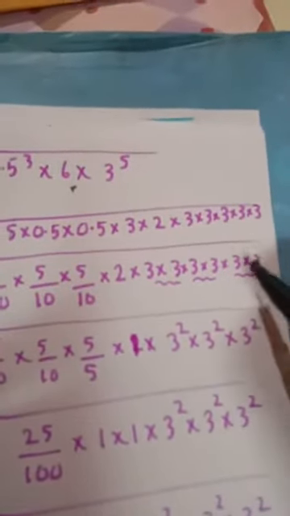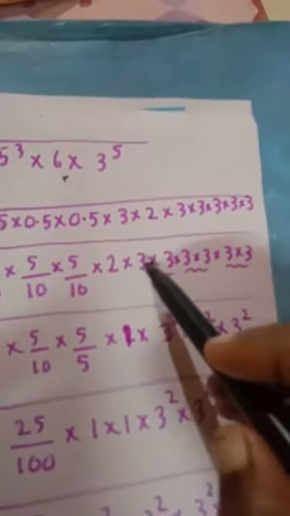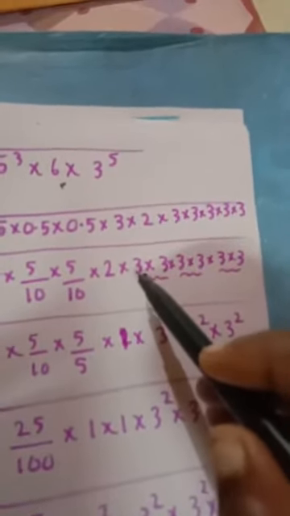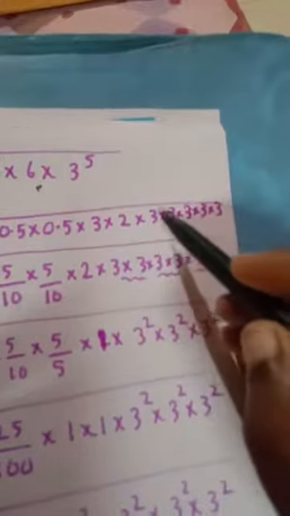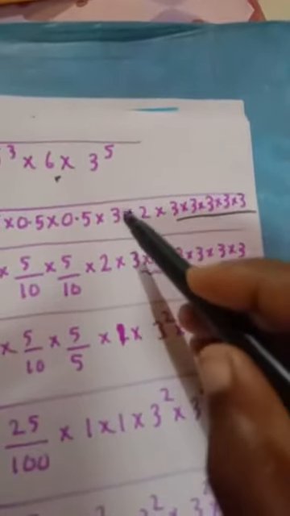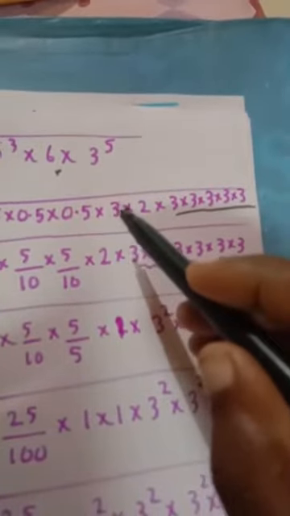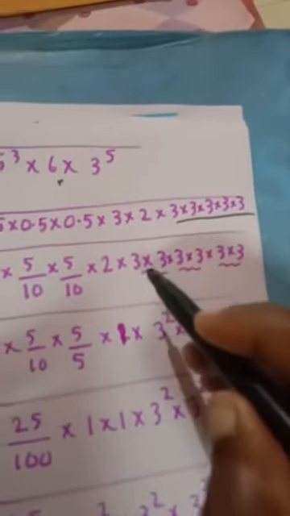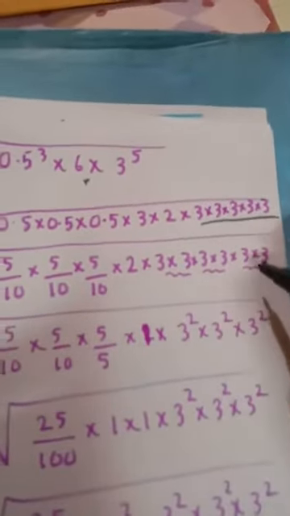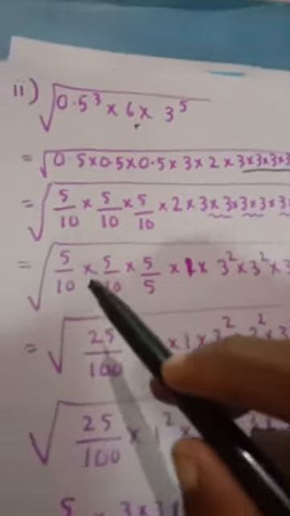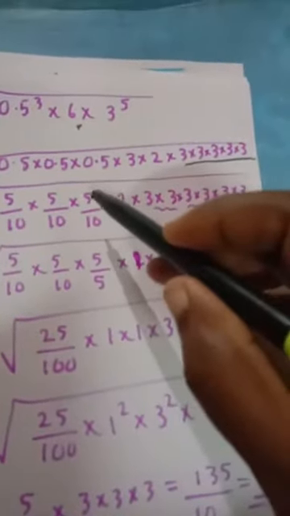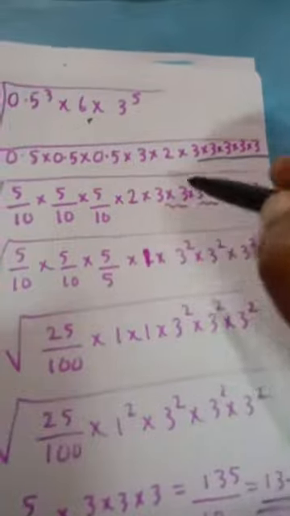That 5 threes and one more 3 from the 6, so 6 threes are there. So make pairs. This 2, this 2 and this 2. This is equal to 5 by 10 into 5 by 10 into 5 by 10. This 2 and 10 get cancelled.